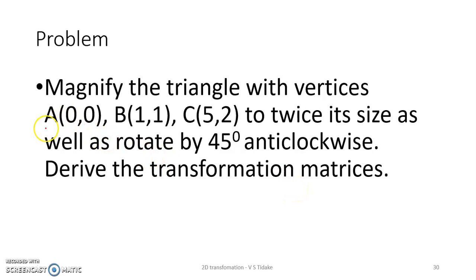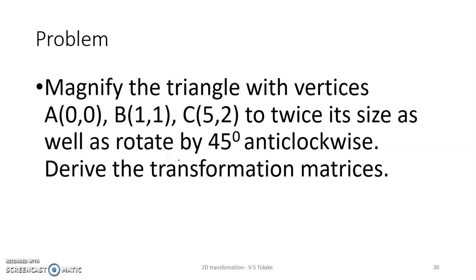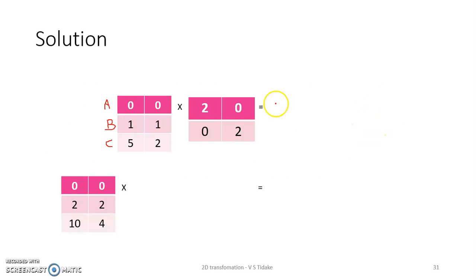Now here we are having 3 points A, B and C. So we can represent this triangle with a matrix of size 3 by 2, where the first row represents our point A, the second row represents our point B and the third row represents our point C. Then we want to magnify the triangle to twice its size, which means our scaling matrix will be 2 0, 0 2.